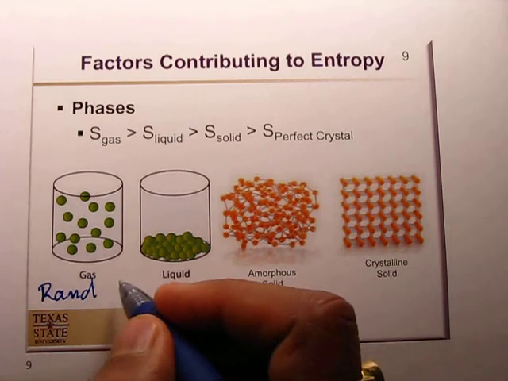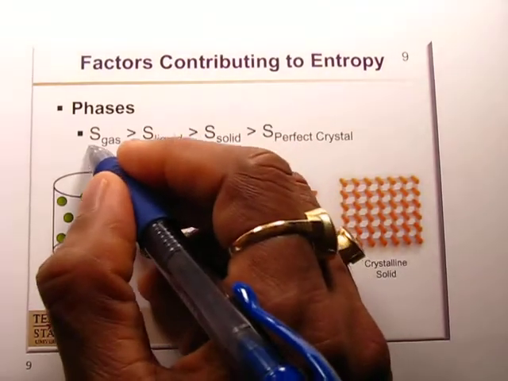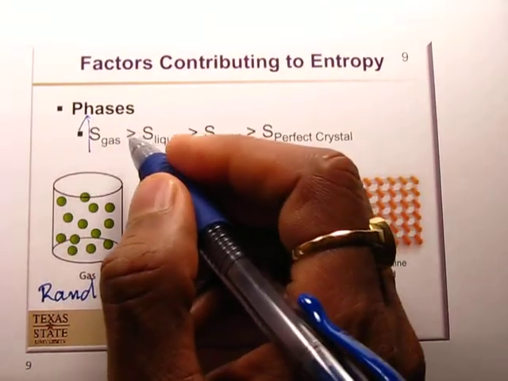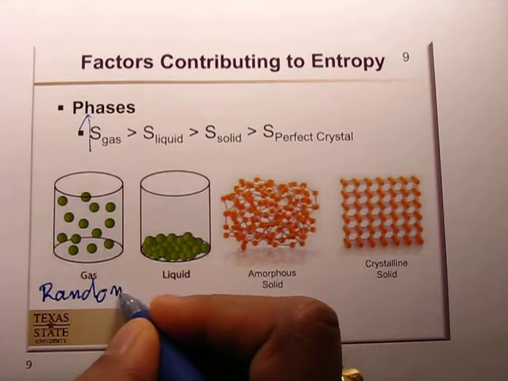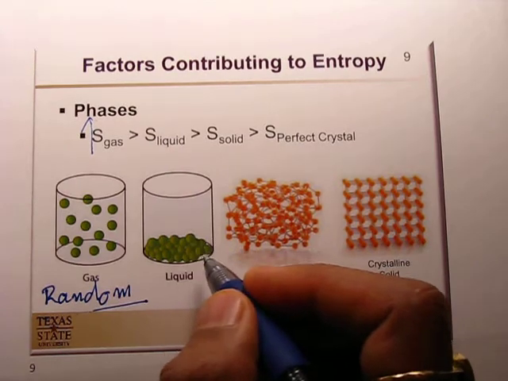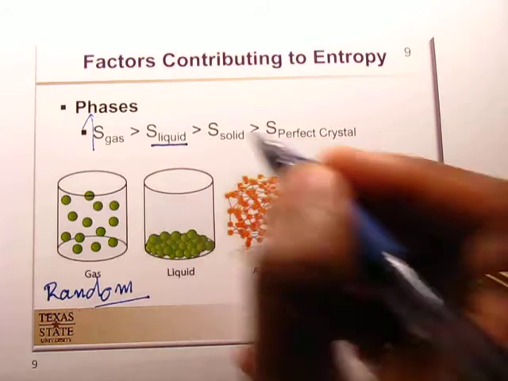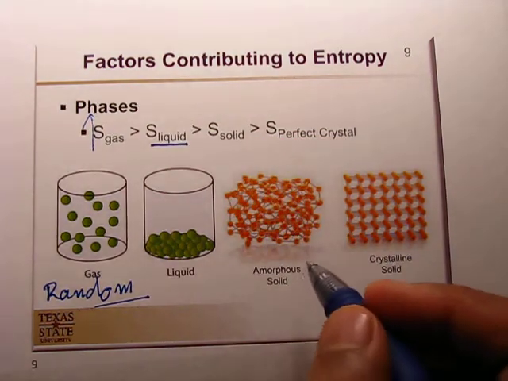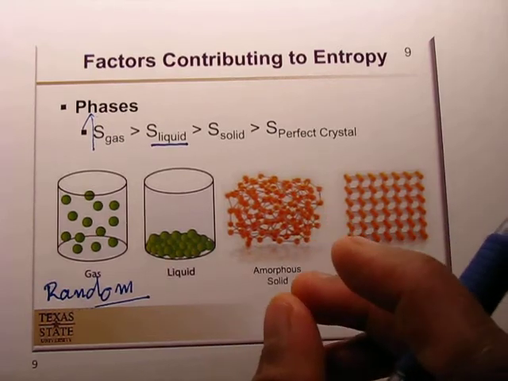And if they are very random, it means the entropy is very high for the random process. For liquid molecules, they have less randomness, so their entropy is less than gases. And solid molecules are very close to each other.